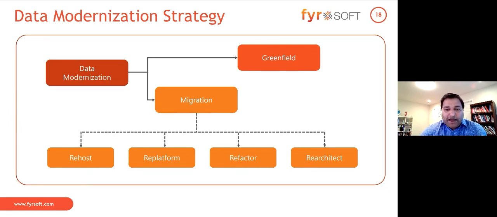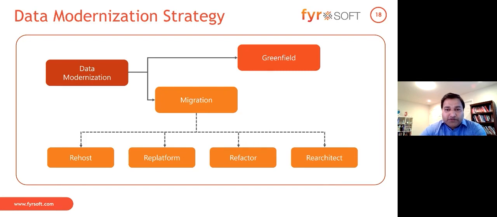And sometimes we also have to rewrite or refactor, because as part of data modernization things change at a very rapid pace, and the data is growing at a very rapid pace. So we have to do some rewriting and decoupling of the application without a major re-architect. And in some cases, we reimagine and re-architect, and those are major projects.